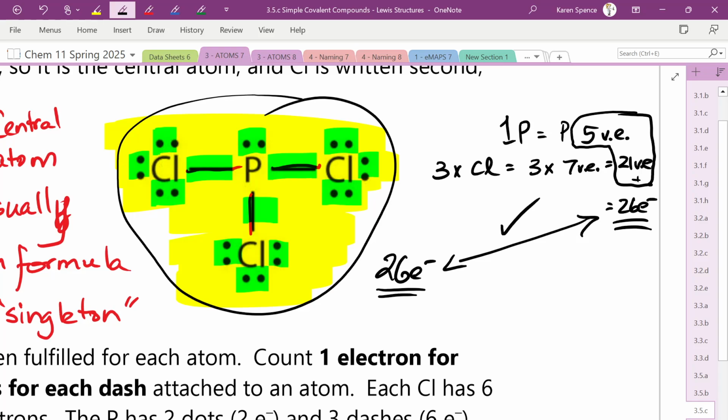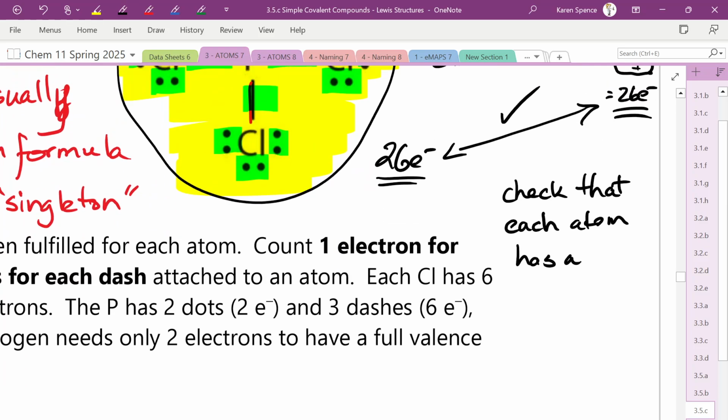The other thing you need to check is you need to make sure that each atom has a complete octet.